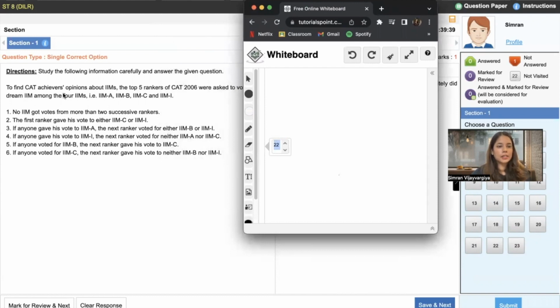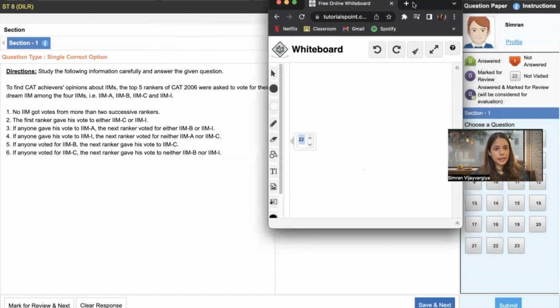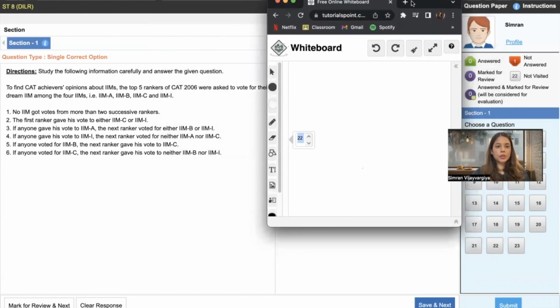To find CAT achievers' opinion about IIMs, top 5 rankers of CAT 2006 were asked to vote for their dream IIM among the 4 IIMs A, B, C, and I. No IIM got more than two successive rankers.